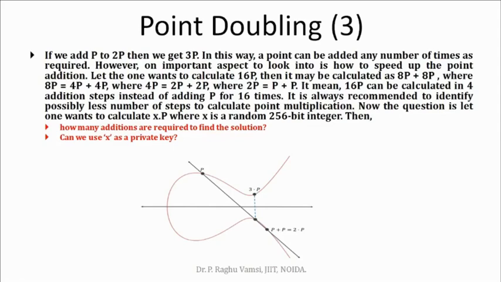This is the range you will get, right? Like that, a random number of 256-bit integer means 2 power 256. In that particular large range, you can choose whatever random number you want.